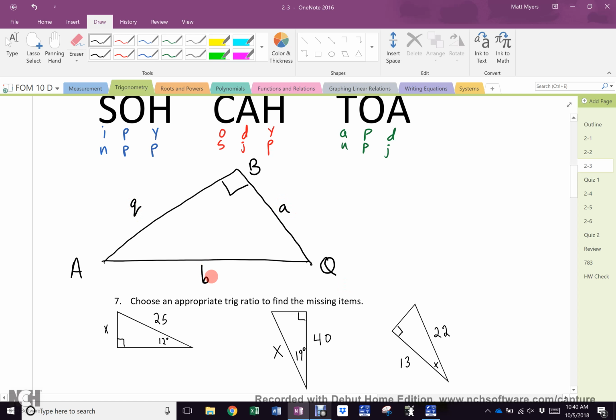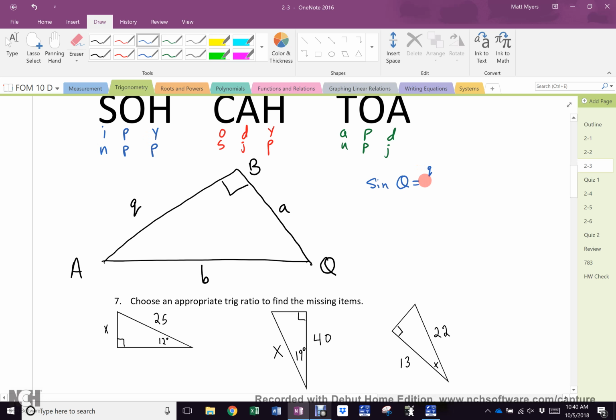Now, knowing what you know up here, tell me what the sine of big Q is. Sine is opposite divided by hypotenuse. What is opposite of big Q?